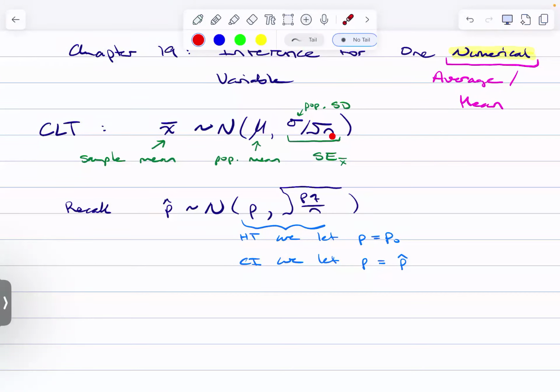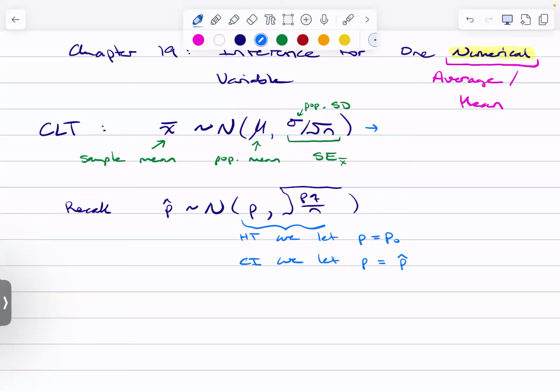I do have my N because I chose a sample size to collect, right? And so I do have my N. But now we're going to say, in place of mu, I'm going to use X bar. And in place of sigma, I'm going to use S. Which means I'm using estimates for two things.